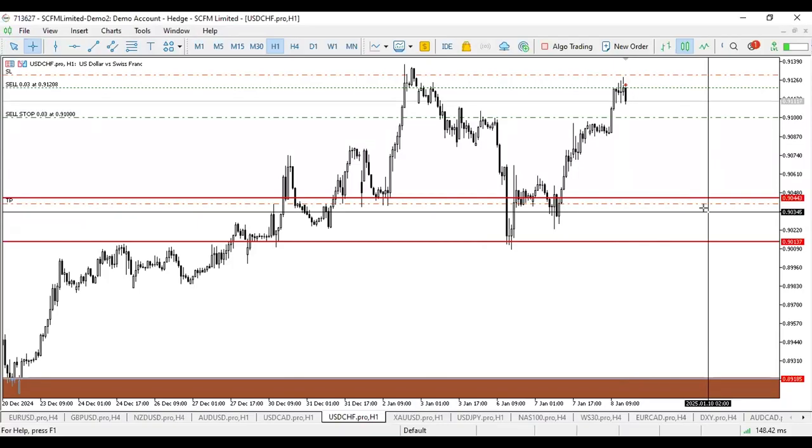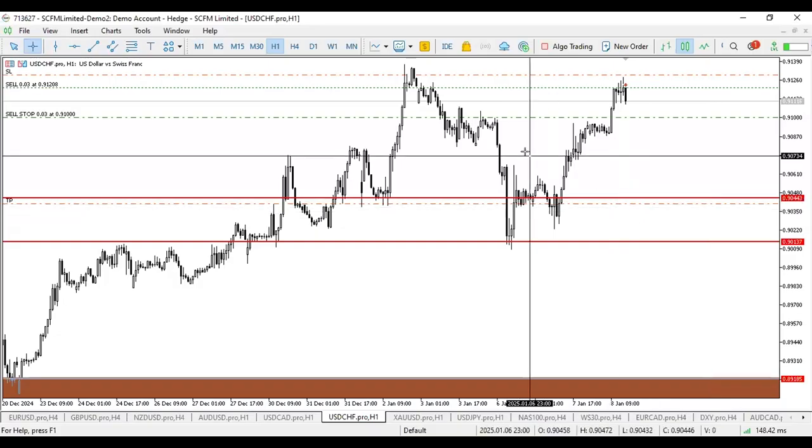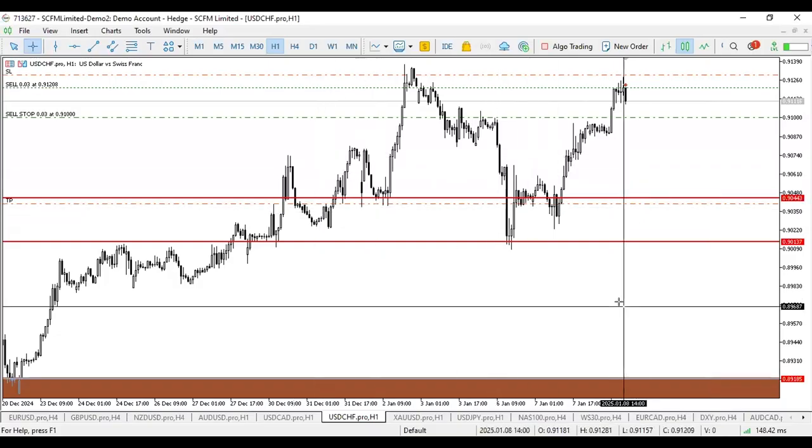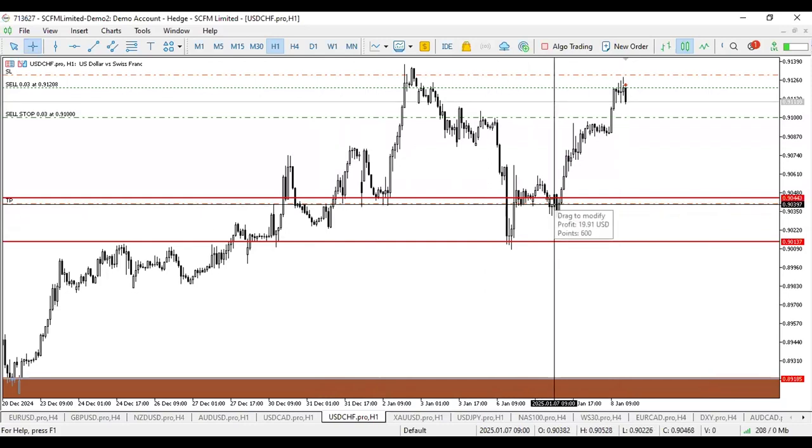Sometimes you'll find pullbacks, these retracements that happen in the market, and when they happen, you will have to take out some profit. That is the work of the take profit. So the take profit and the stop loss are things that you adjust anytime you are taking your positions.